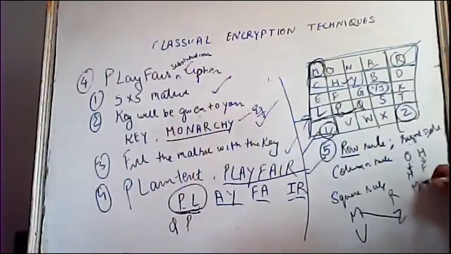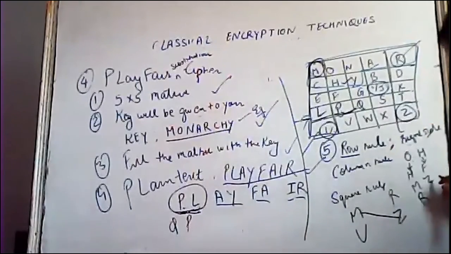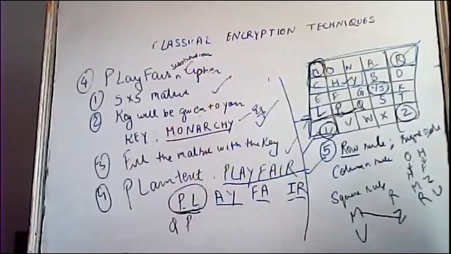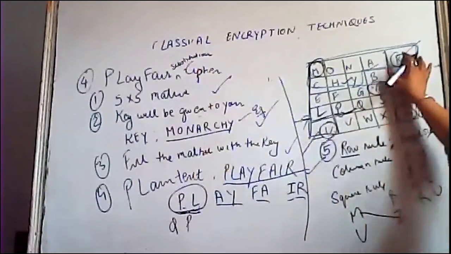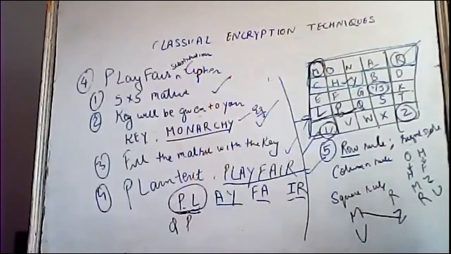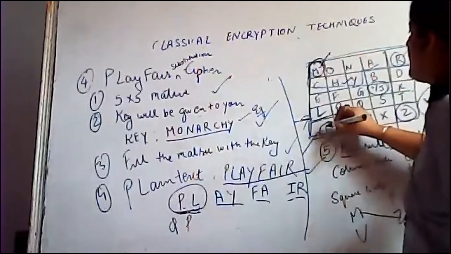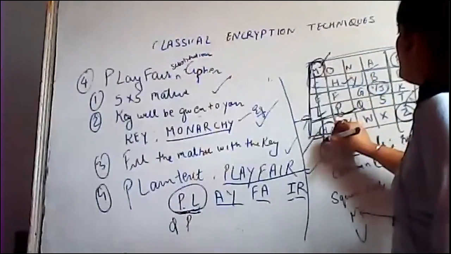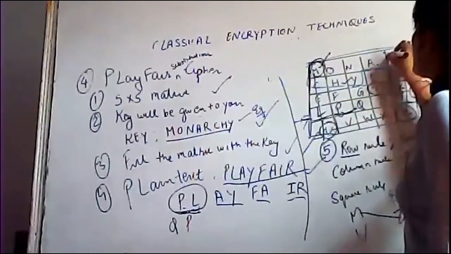So for M and Z, for M you can have that U, and for Z you can have that U. So the corresponding elements you can take if it is making a square matrix. The square should be present. This one, this, and this.